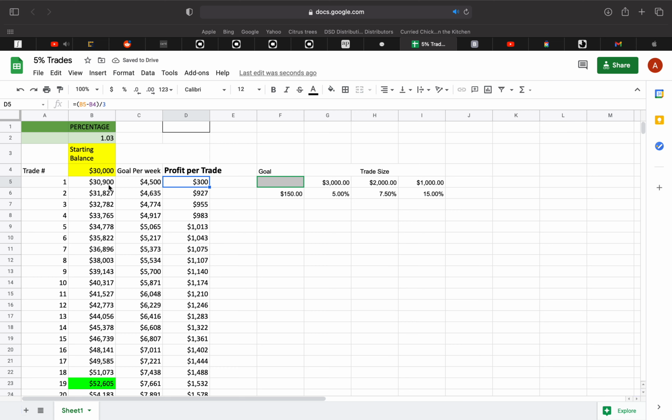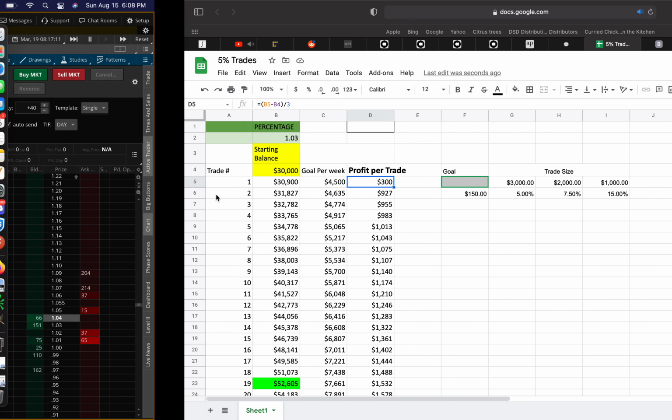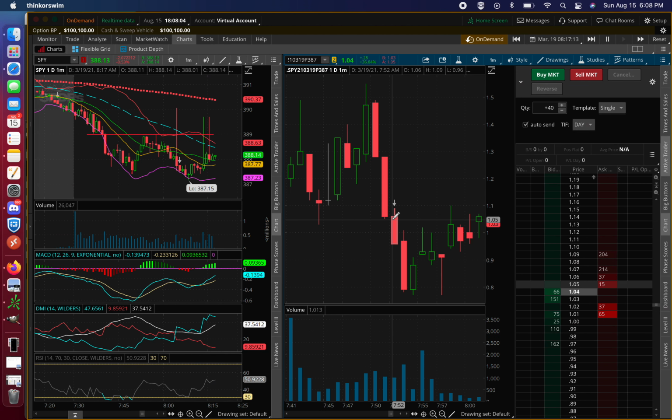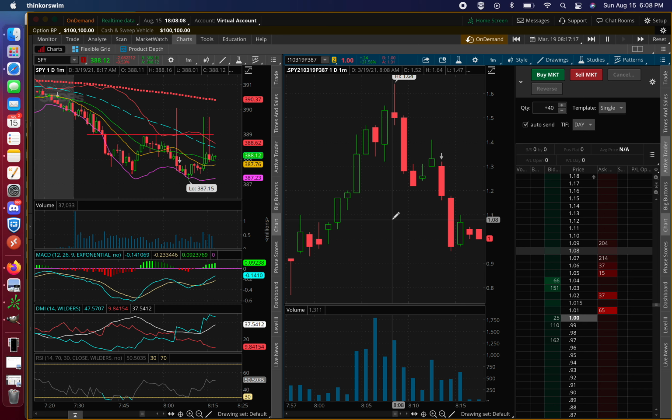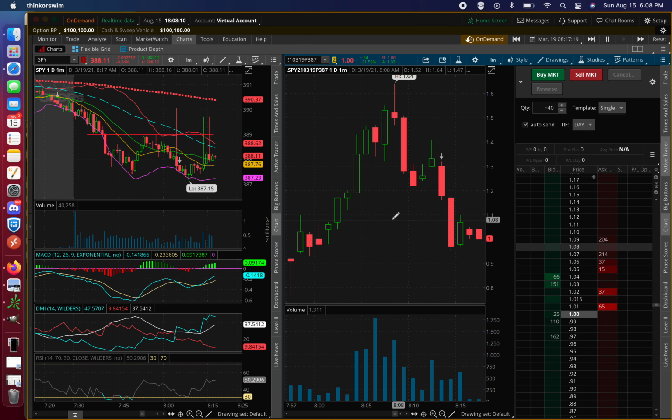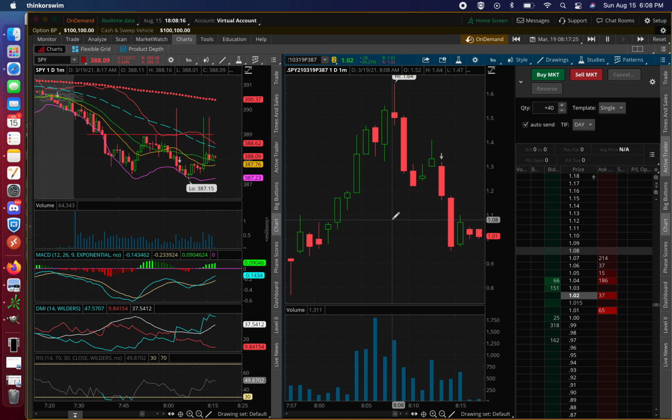If you were trading sizes of 10,000 apiece, each trade, that'd be a gain of 300, which is so easy to do, right? A 3% move is nothing. Now, of course, as Murphy's Law goes, what can go wrong will go wrong, and the idea is to minimize the risk as much as possible.